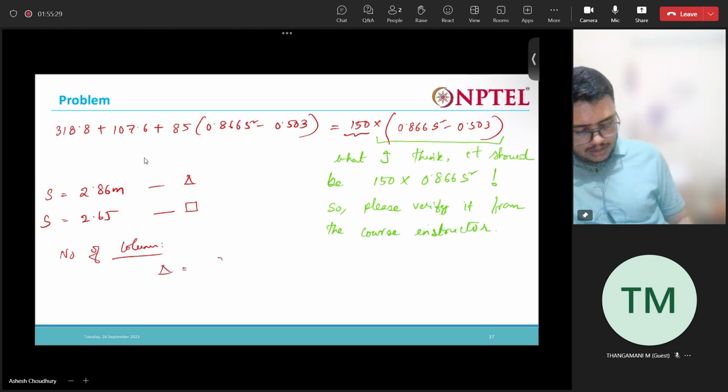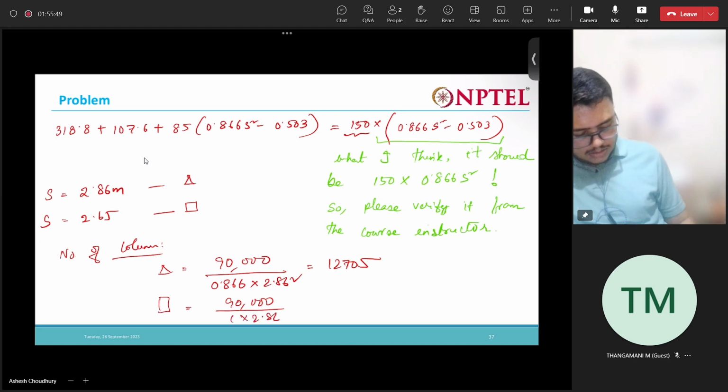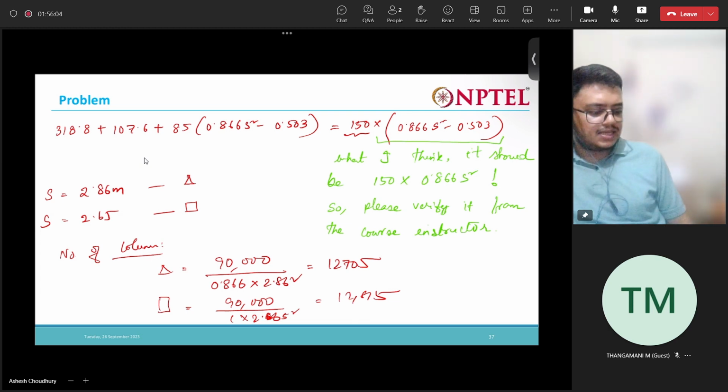For triangular, the area is 90,000, divided by 0.866 times 2.86 square. And for square pattern it comes out at 90,000 by 1 into 2.65 square, just 12,815 columns. Okay, so please verify this.